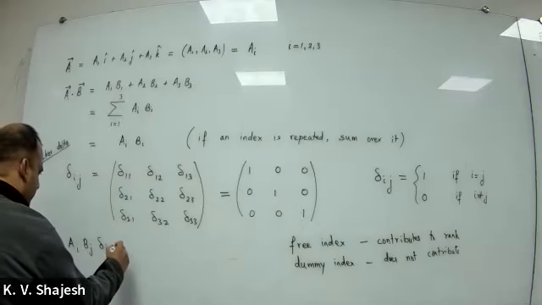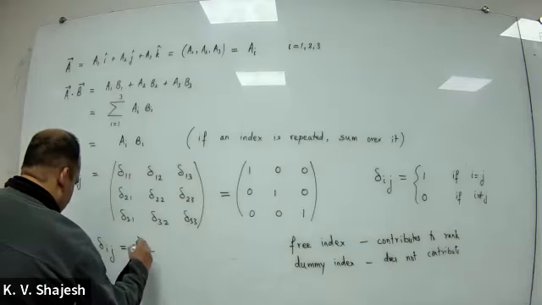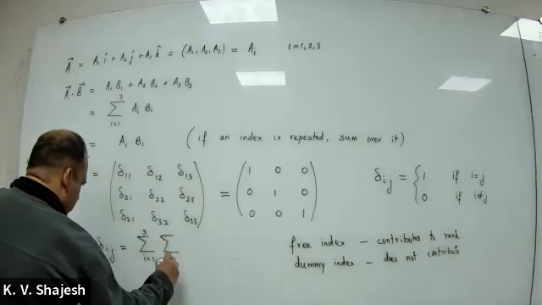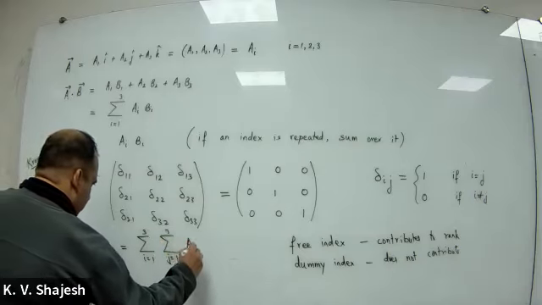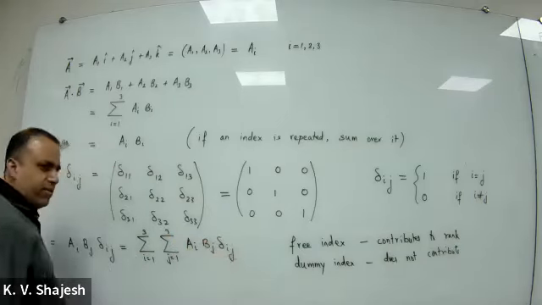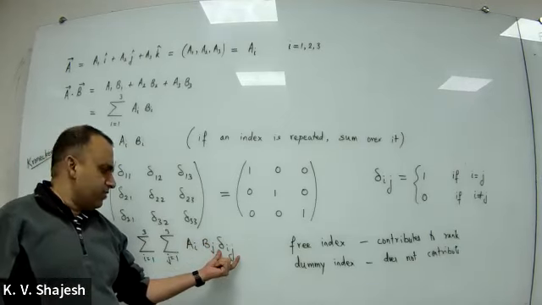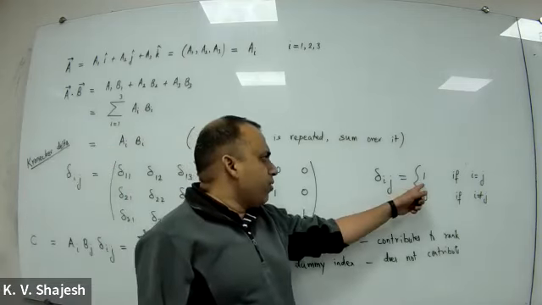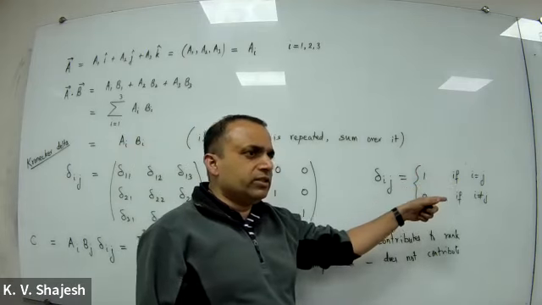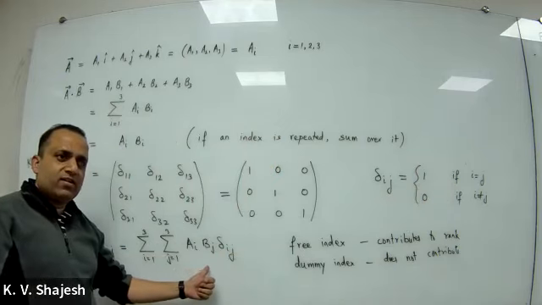So let's evaluate this. I'm going to sum this up. So this is nothing but i is equal to 1 to 3, j is equal to 1 to 3, A_i times B_j times delta_ij. When I sum this up, there is this very special property of the symbol that it contributes non-zero quantities only when i is equal to j. So when I sum this, there are 9 pieces in here.